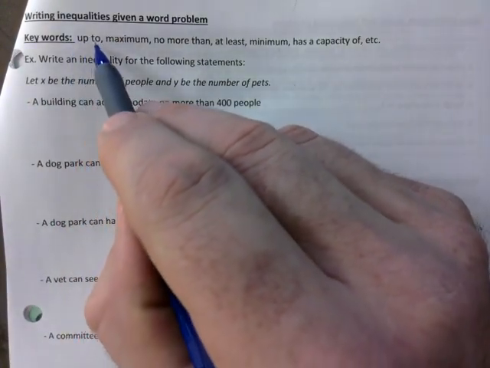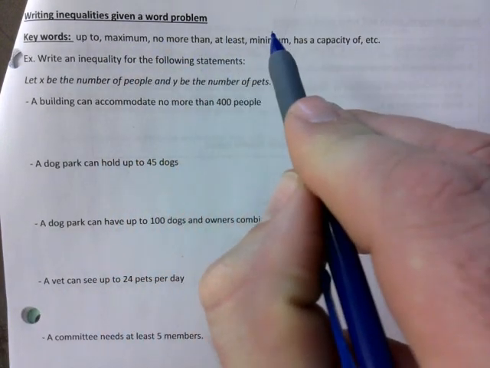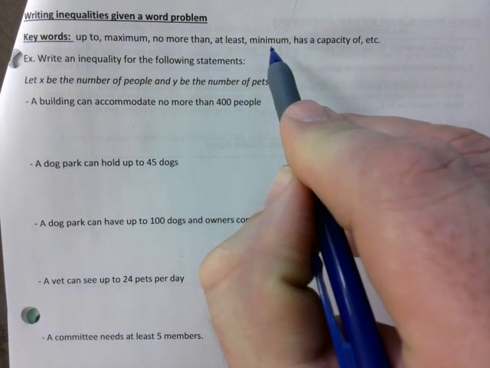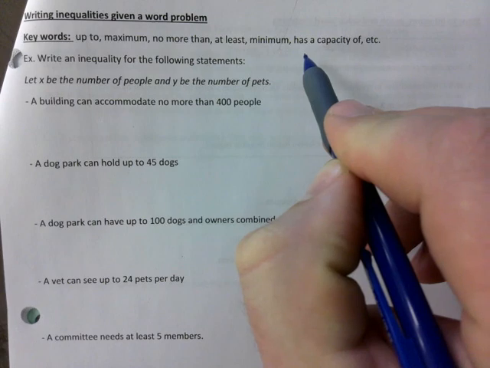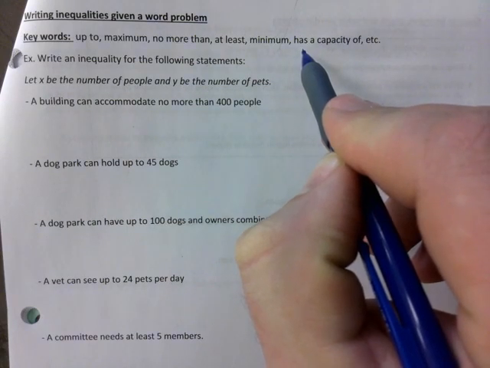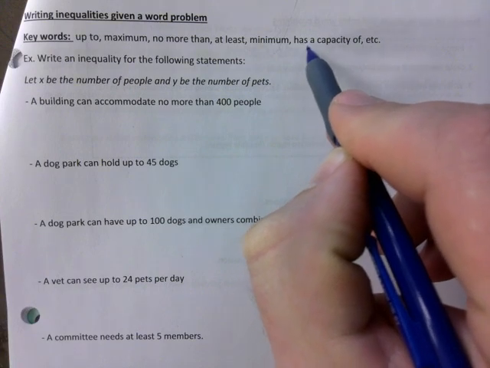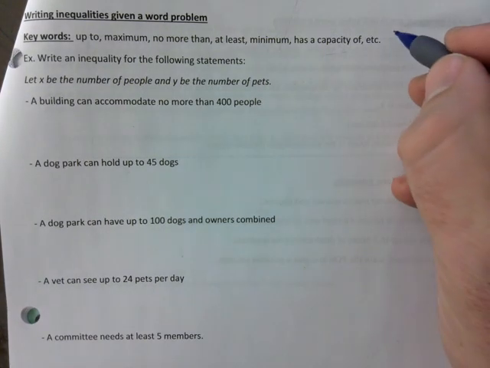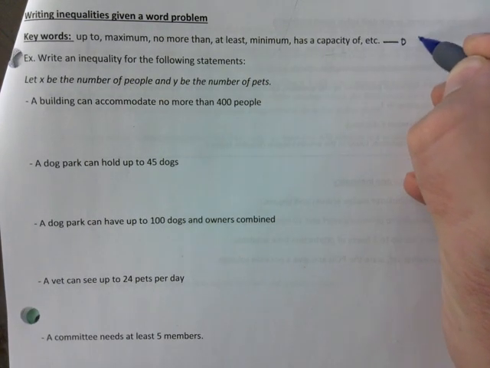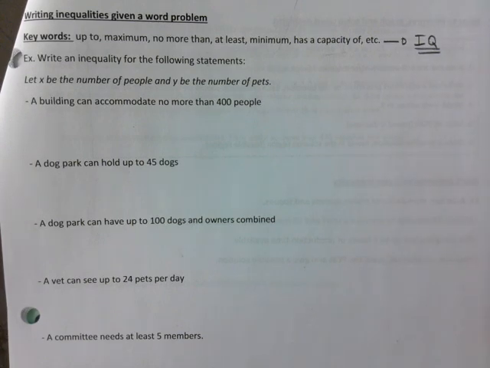If you see up to, maximum, no more than, at least, must have a minimum, has a capacity of, anything like that indicates inequality, right? So you would have to somehow write out an inequality for that. If you see that, those are going to be the keywords I'm going to focus on.